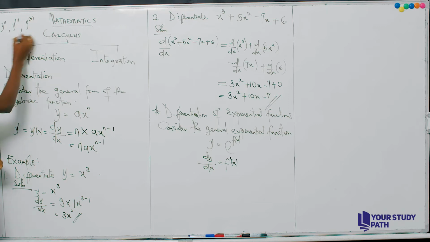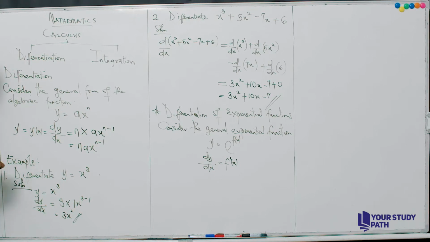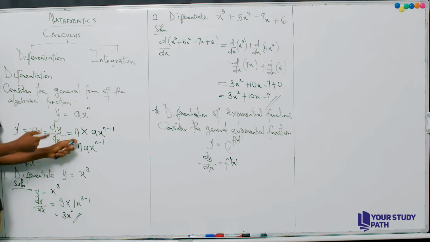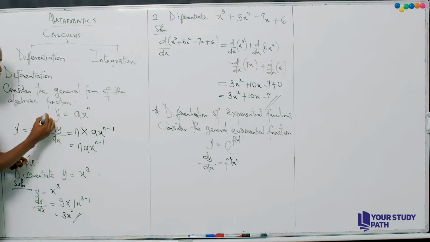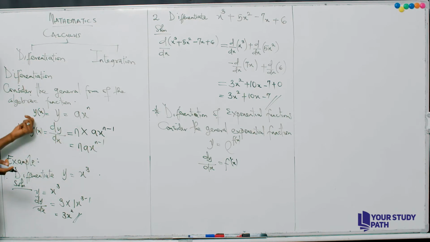We are going to look at all these terms in terms of higher derivatives, but for now, let's stick with the first derivative. So when you see y prime, we are talking about the fact that this function has been differentiated once. When you say y prime of x, it is just saying that it was differentiated once with respect to x, which is the independent variable. So when we say y is equal to this, we can also write this as y of x is equal to this, which means y is a function of x.